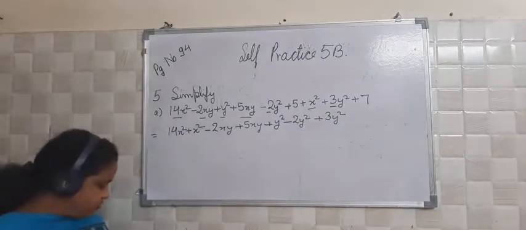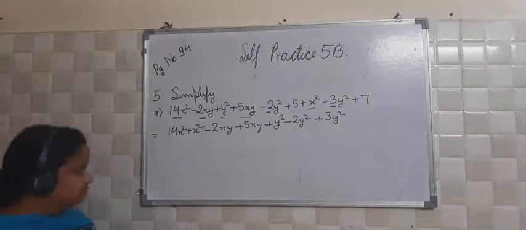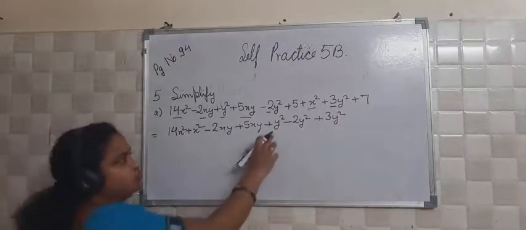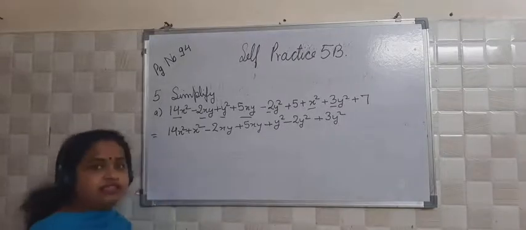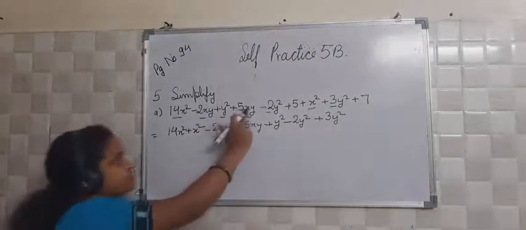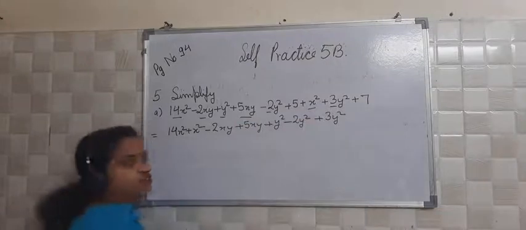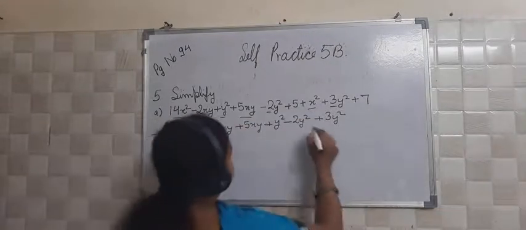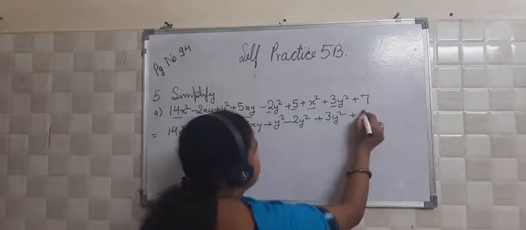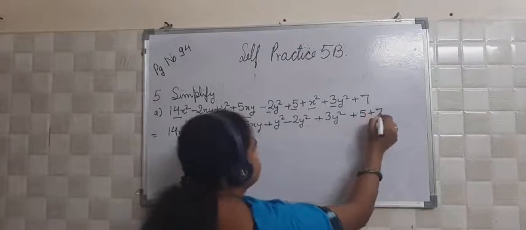So you will take all the 3 places together. Correct? Now 3 places y square is there, right? So you will take it all together. Then what is remaining? Plus 5 and plus 7.